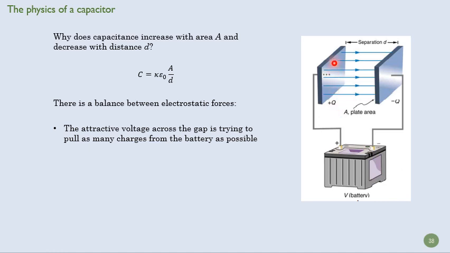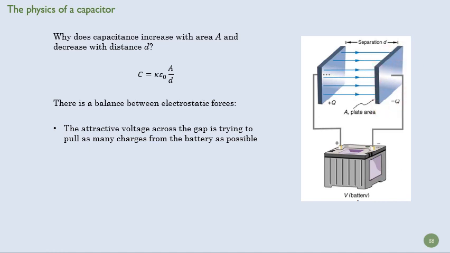One, you have a voltage here of 12 and a voltage of 0, right? And so that electric field is pulling charges from the battery, because there's a strong electric field. It's pulling charges onto these plates, and essentially that's what's charging this capacitor.